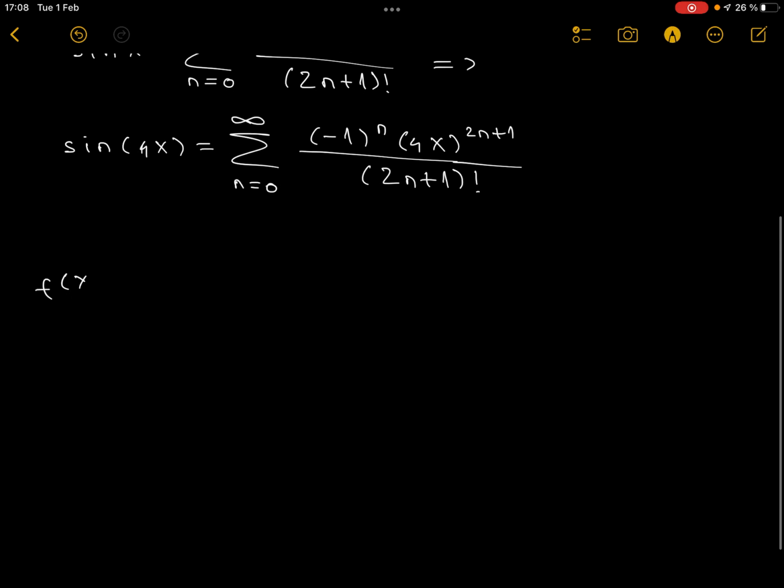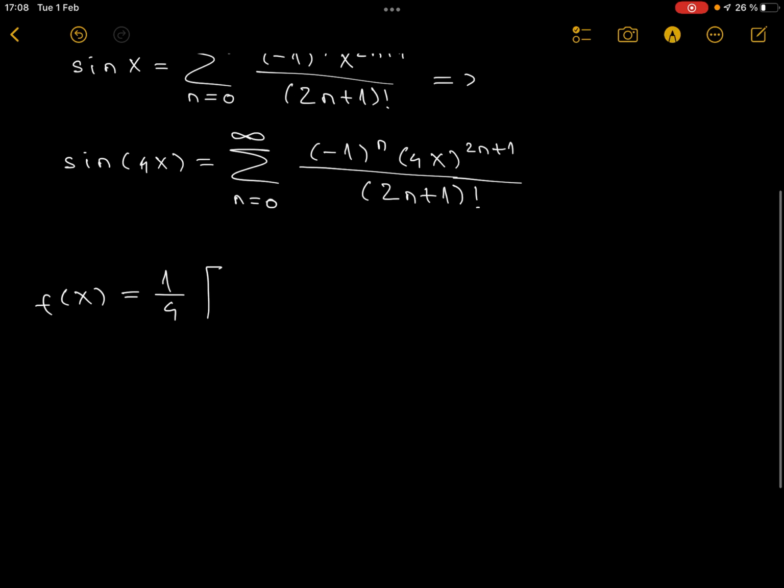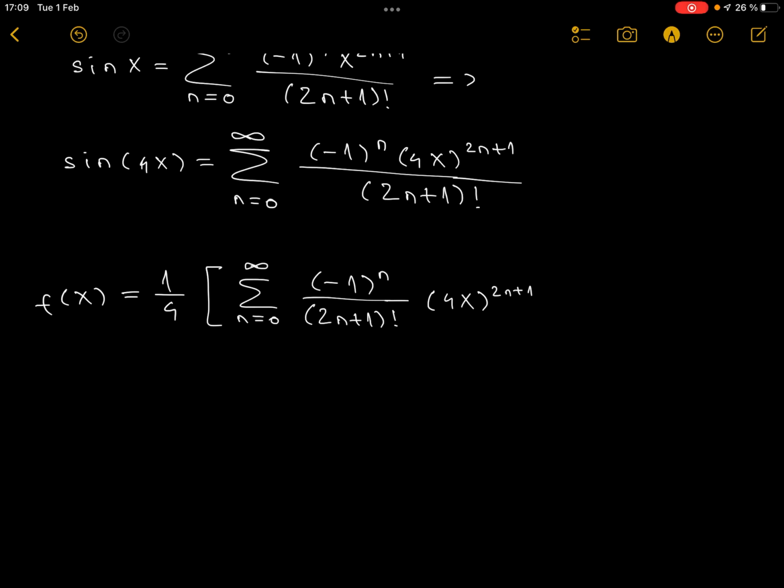So f of x is 1 over 4 times the sum as n goes from 0 to infinity of minus 1 to the nth power over 2n plus 1 factorial, and of course 4x to the 2n plus 1, and plus the sum as n goes from 0 to infinity of minus 1 to the n over 2n plus 1 factorial, 2x.